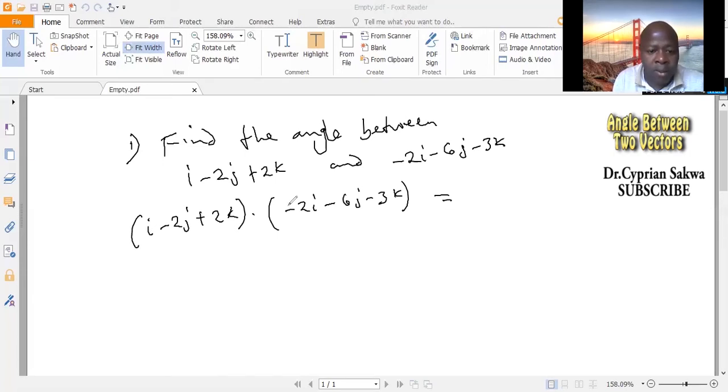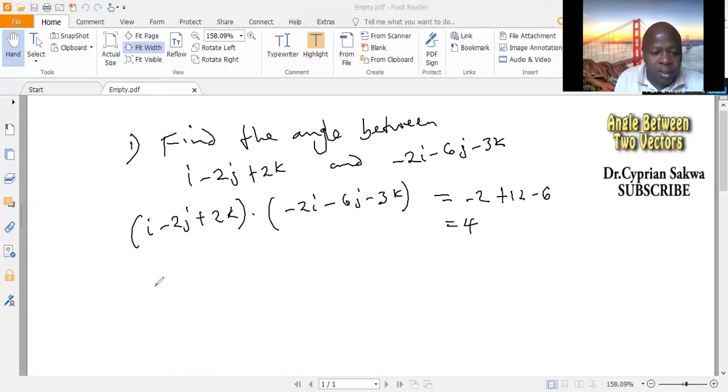So we multiply 1 times negative 2 to get negative 2, negative 2 times negative 6 to get positive 12, and 2 times negative 3 to get negative 6, and this gives us 4. So the dot product is 4.